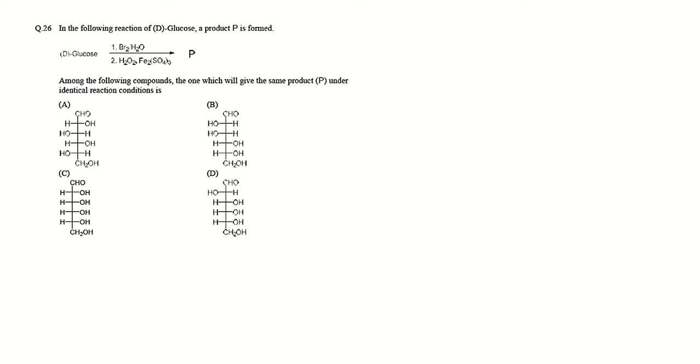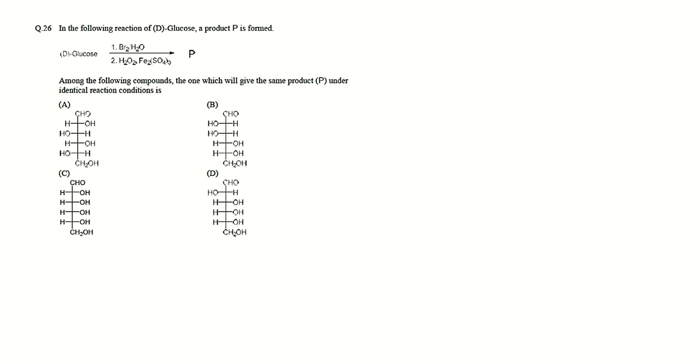In Ruff degradation, it is first treated with bromine water, and in the treatment with bromine water, the oxidation of the aldehyde to carboxylic acid takes place.